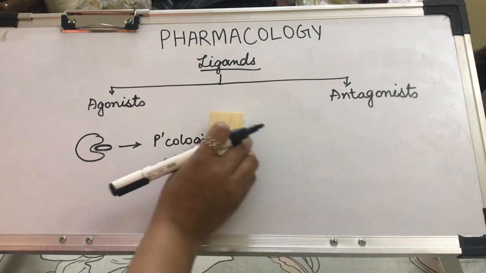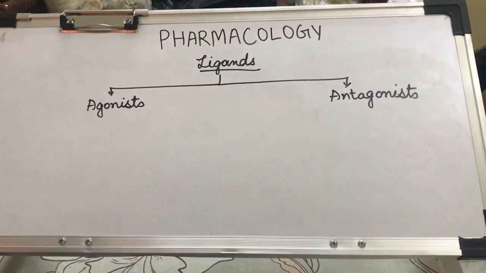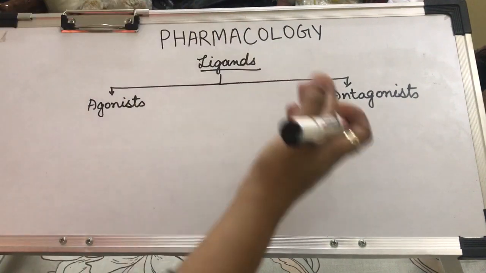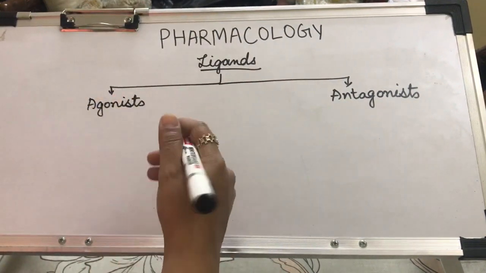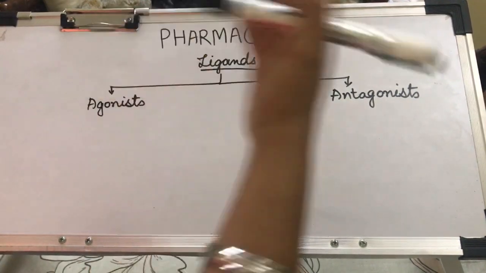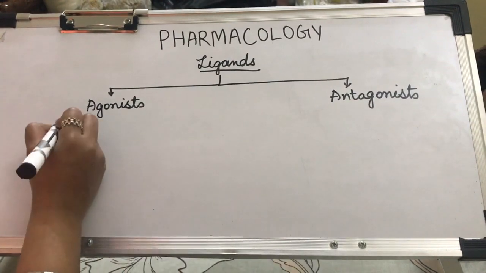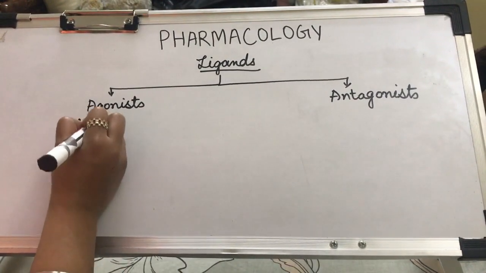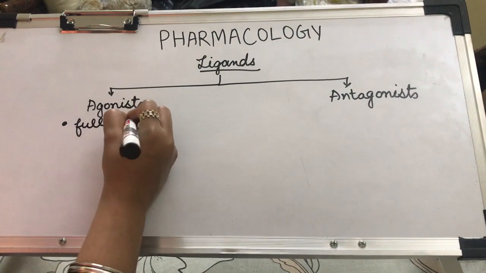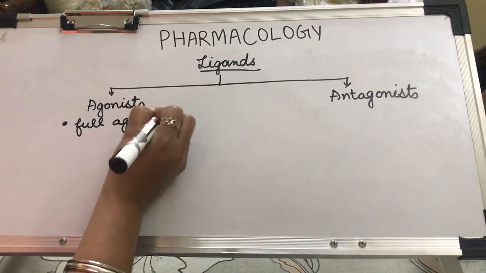Now agonists can be of further different types on the basis of the extent of response they are giving. There are full agonists.